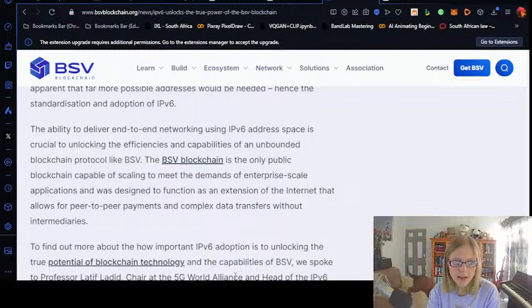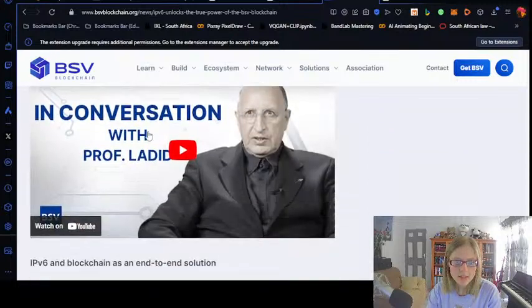The ability to deliver end-to-end networking using IPv6 address space is crucial to unlocking the efficiencies and capabilities of an unbounded blockchain protocol like BSV. The BSV blockchain is the only public blockchain capable of scaling to meet the demands of enterprise-scale applications, and was designed to function as an extension of the Internet that allows for peer-to-peer payments and complex data transfers without intermediaries. And then there's a video on it.